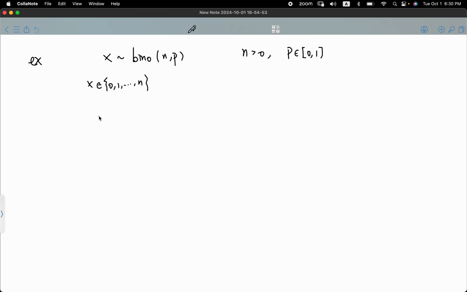Okay, then what is the closed form expression for the probability mass function of the binomial distribution?